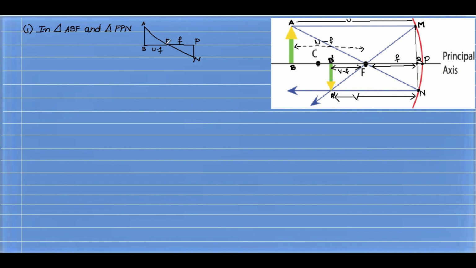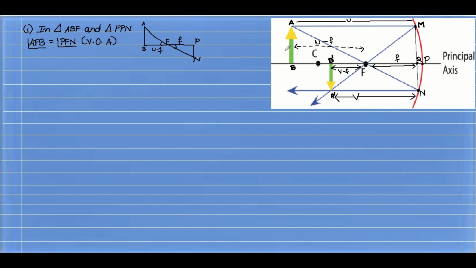You can see here that angle AFB is equal to angle PFN. Why? Because both are vertically opposite angles. Next, these two will be perpendicular to the principal axis.